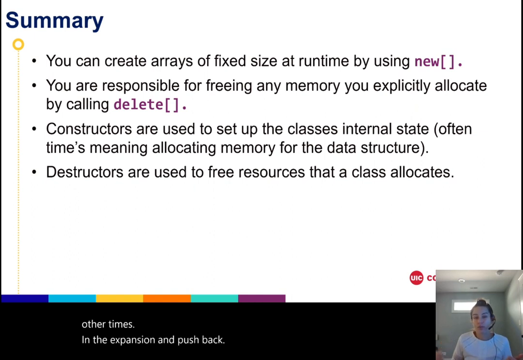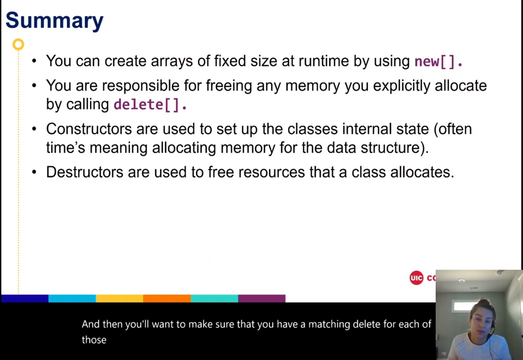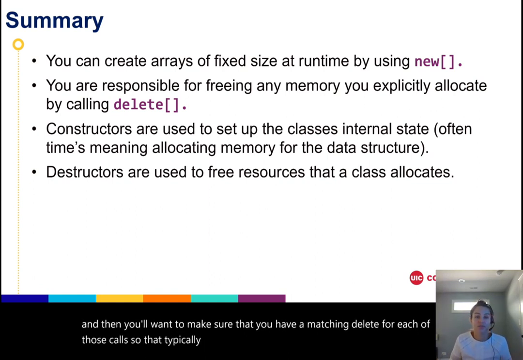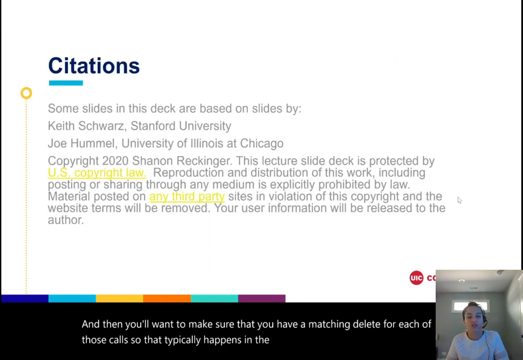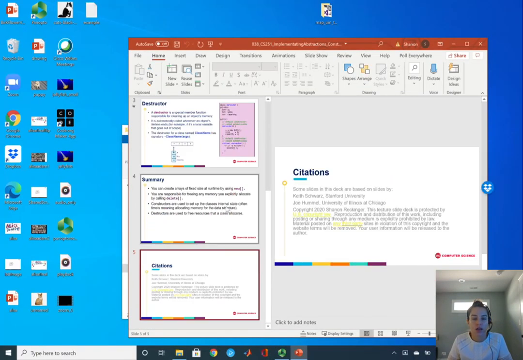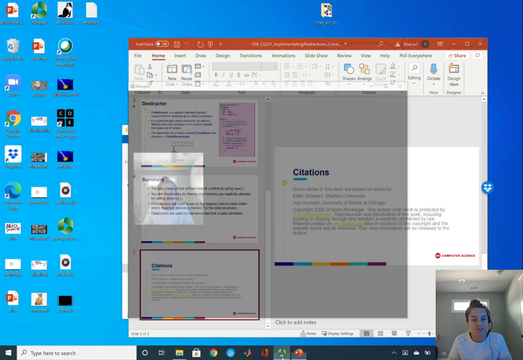And then you'll want to make sure that you have a matching delete for each of those calls. That typically happens in the destructor. So that's how constructors and destructors work in C++ classes. That's it.